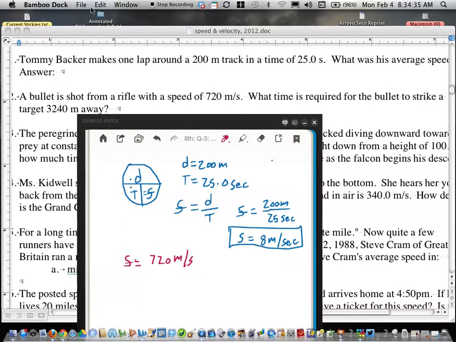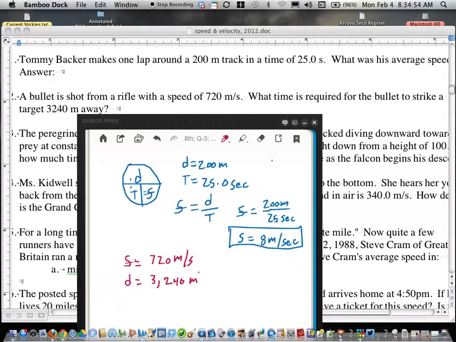The target, it says, is 3,240 meters away. So we know what D is. D is the distance, 3,240 meters.